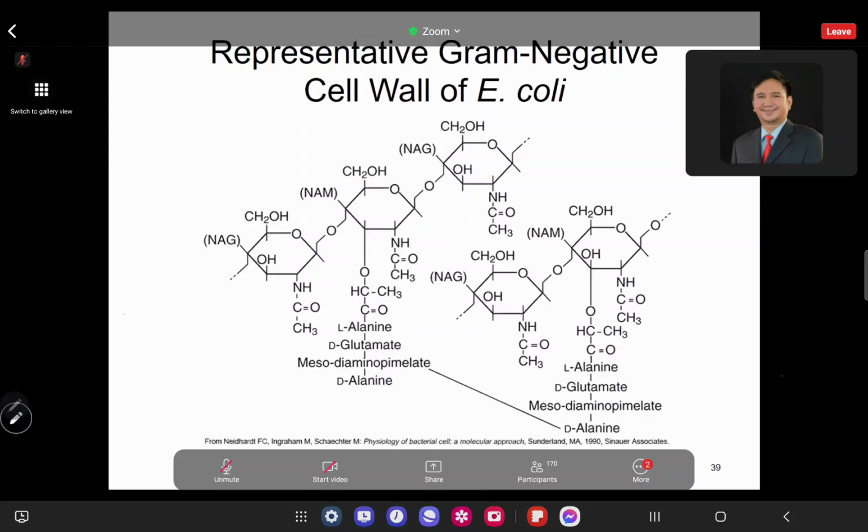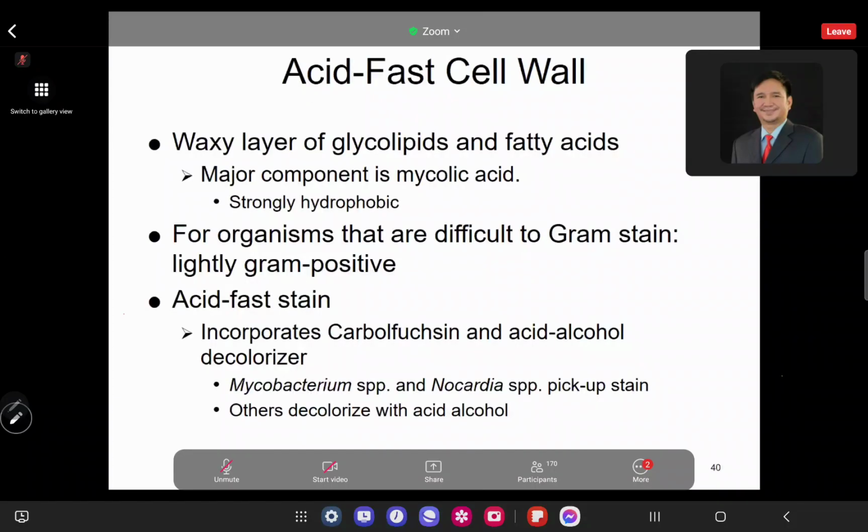These units are cross-linked by short peptide chains, including your D-alanine, your D-glutamate, meso-diaminopimelate, and your D-alanine. Now, the cross-linking will provide structural integrity and resistance to osmotic pressure while maintaining flexibility.